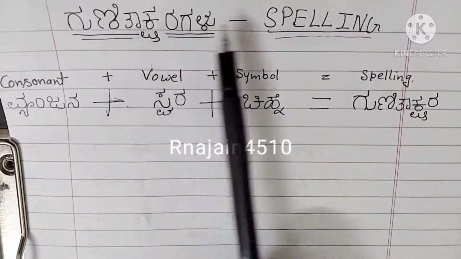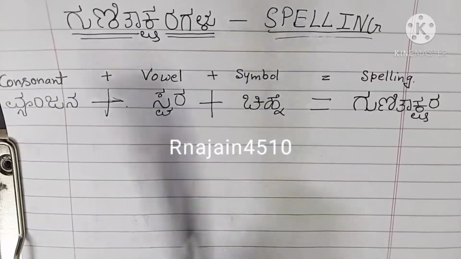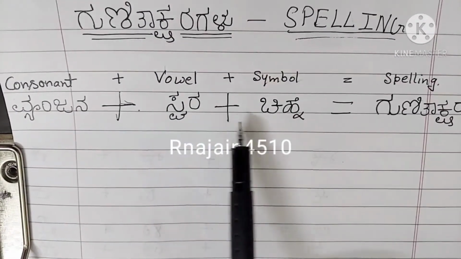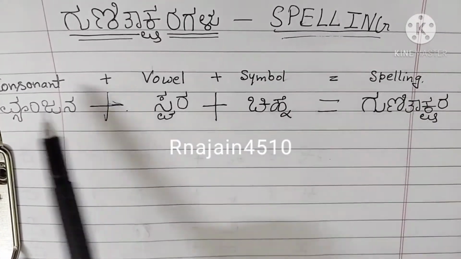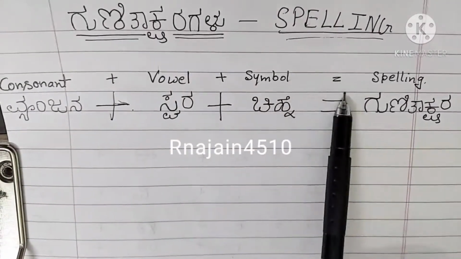Gunitakshara. In Kannada we call spelling as Gunitakshara. Vyanjana plus swara plus chinhe is equal to Gunitakshara. Consonant plus vowel plus symbol is equal to spelling.